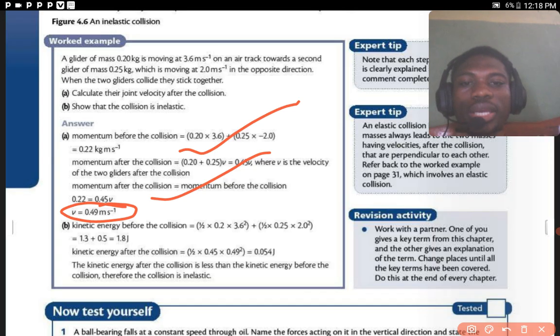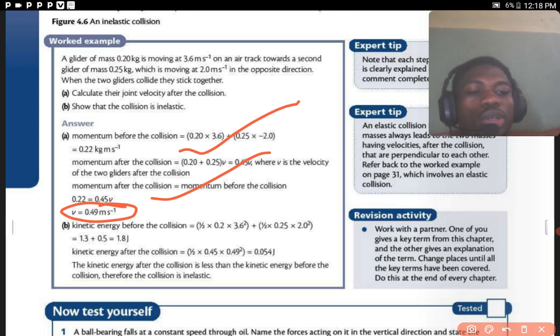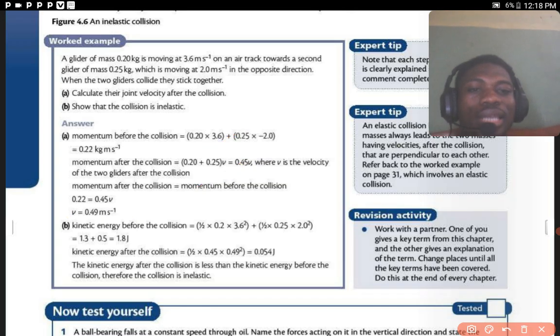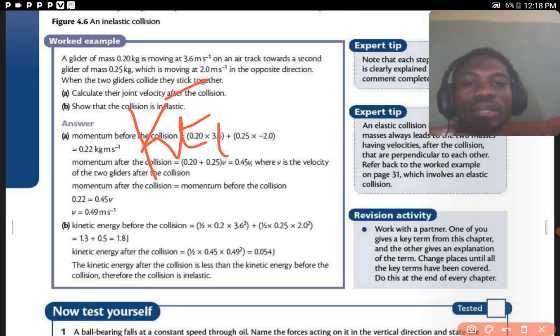Then the next question says, show that the collision is inelastic. How do you show that the collision is inelastic? That's where it is important for you to pay attention. You have to show that KE initial is not equal to KE final.